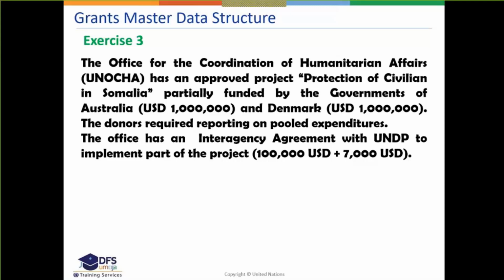So we have this project that we have just created, and it's partially funded by two governments, the Government of Australia and the Government of Denmark. I selected US dollars to make our life easier to create the scenario, but it could be in a different currency. The donors require reporting on pooled expenditures. Moreover, this office has an interagency agreement with UNDP to implement part of the project.